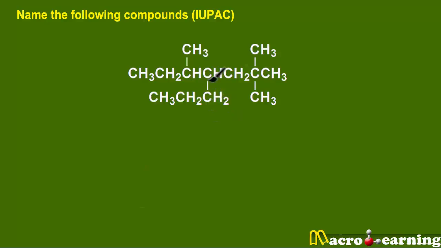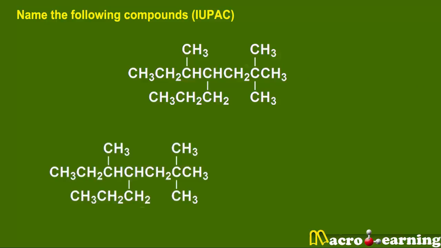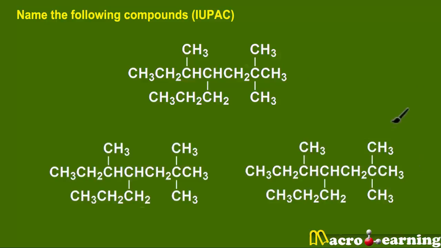So where's the main chain for this molecule here? I actually see more than one possibility. I can see three possibilities for the main chain. I hope you can see that too. Let me make copies of the structure. Okay, here we go.